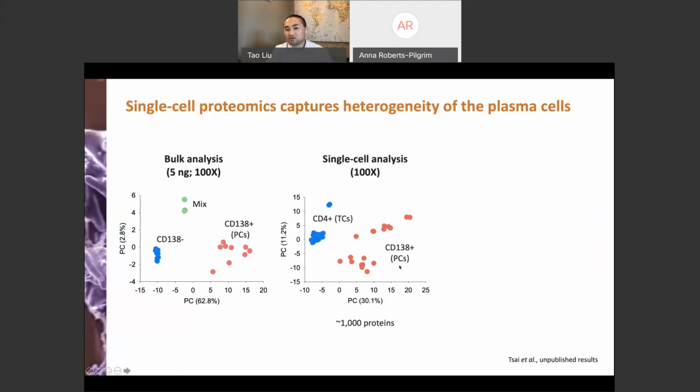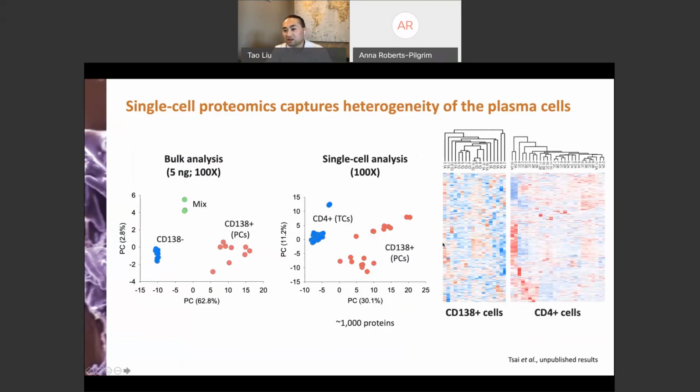But once you start to look at the single cells of the plasma cells, and in this case another isolated T cell population, you can see we can cluster these cell types very clearly. And if you look at the profile, I wanted to highlight, in this case, the T cells.